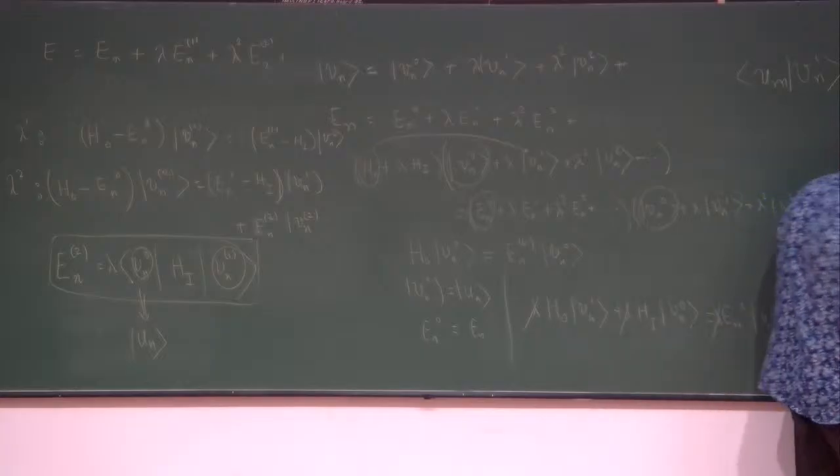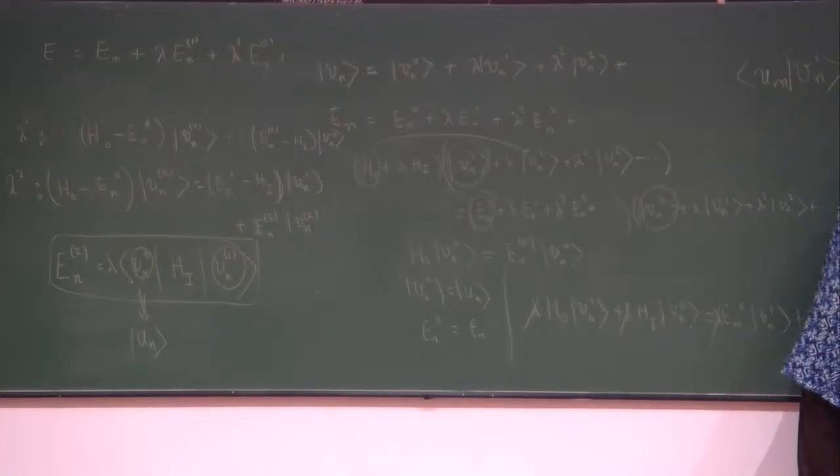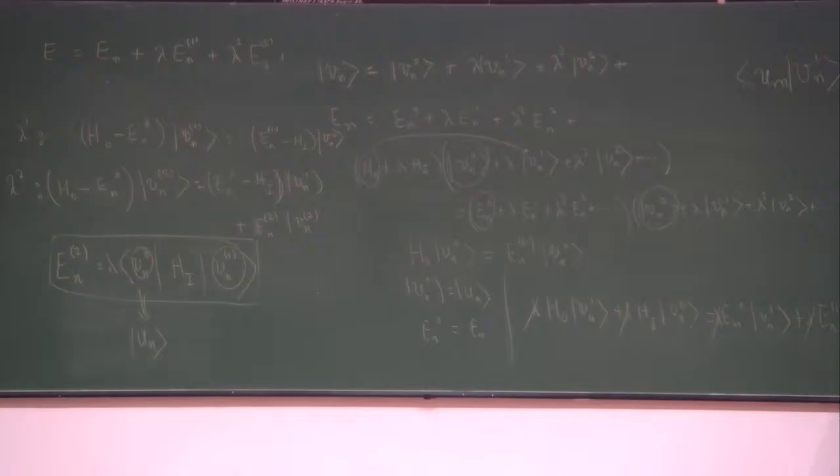En2 is minus Un Hi Um Hi Un divided by Em minus En.